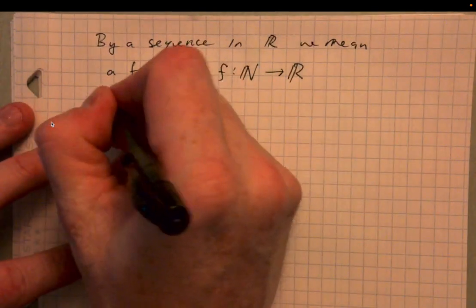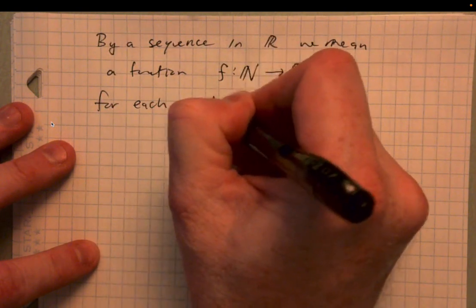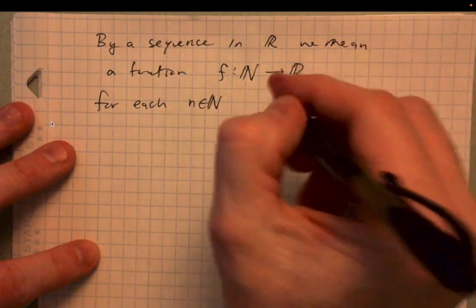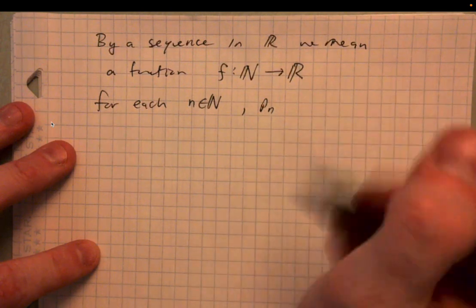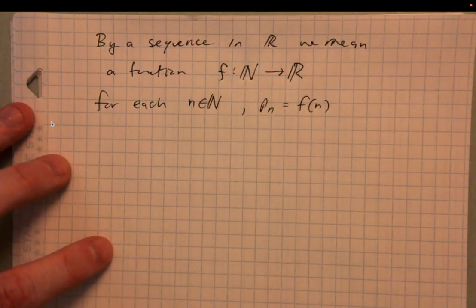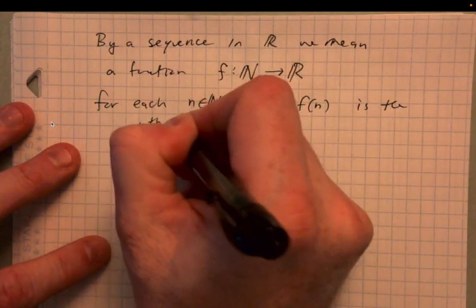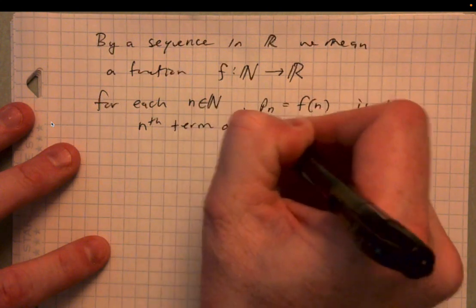And so for each natural number n in N, we would say p sub n is equal to whatever f of n happens to be. This would be the nth term of the sequence.